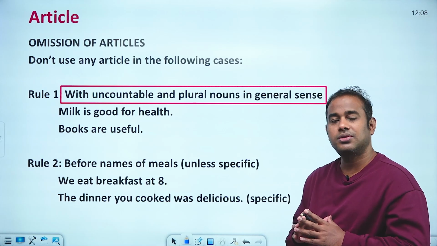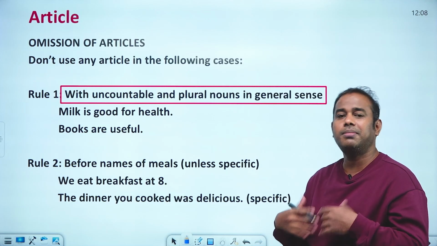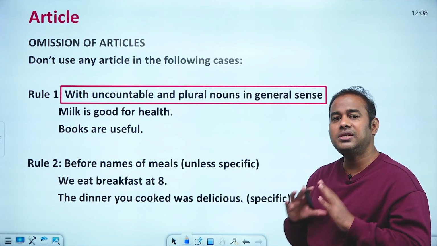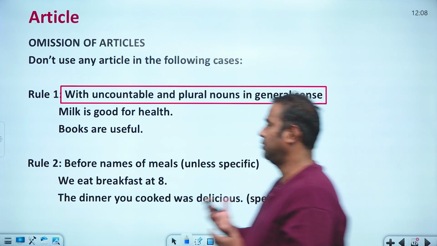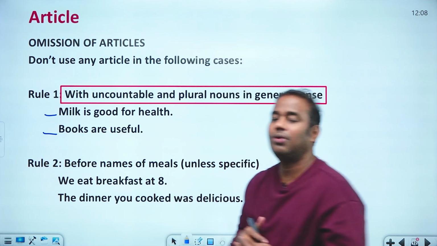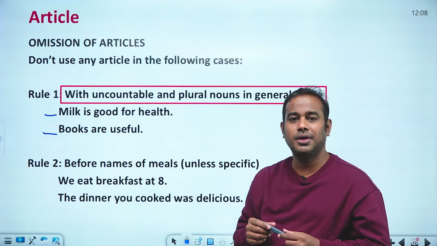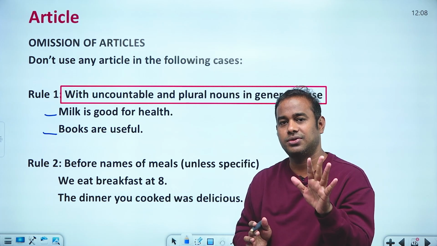So milk is good for health, not the milk is good for health. Whatever message you want to convey, you can say books are useful, okay? Not the books are useful. Look here, you are not using any articles, because the noun you are referring to is used in a general sense, okay?